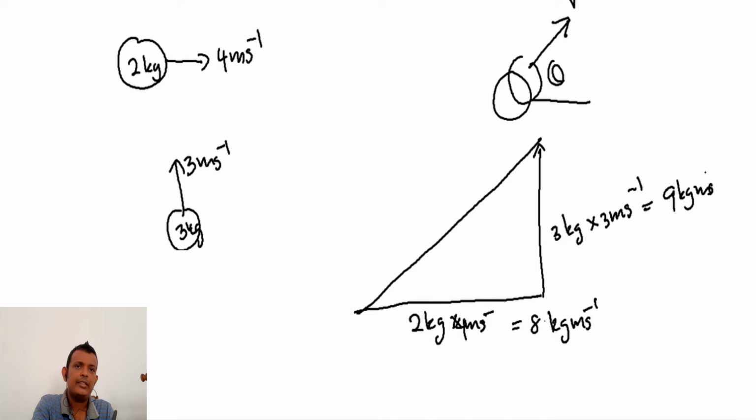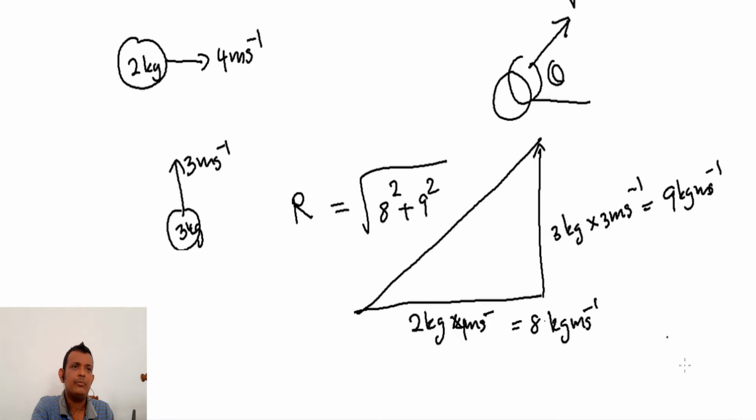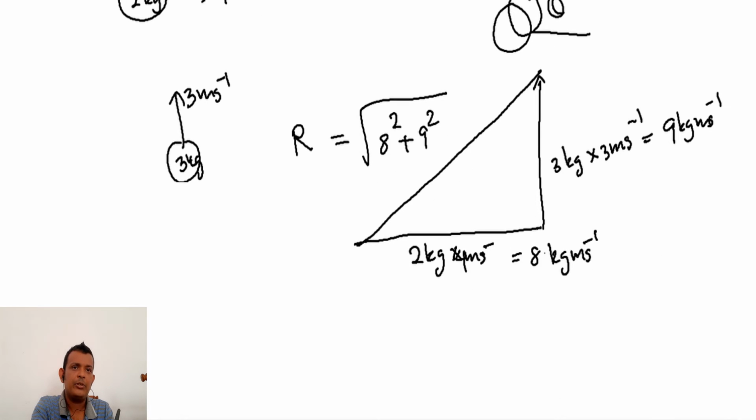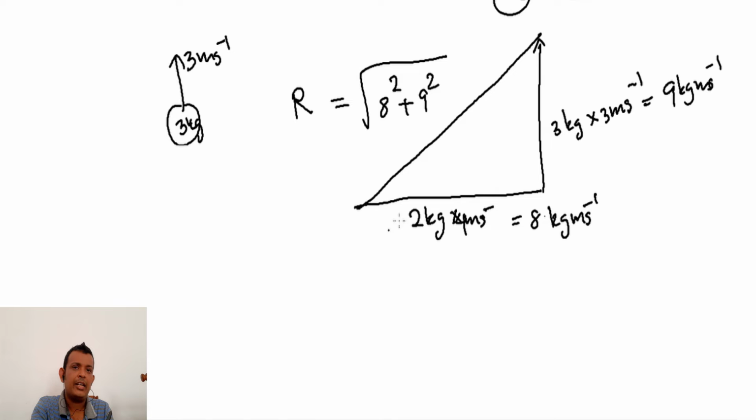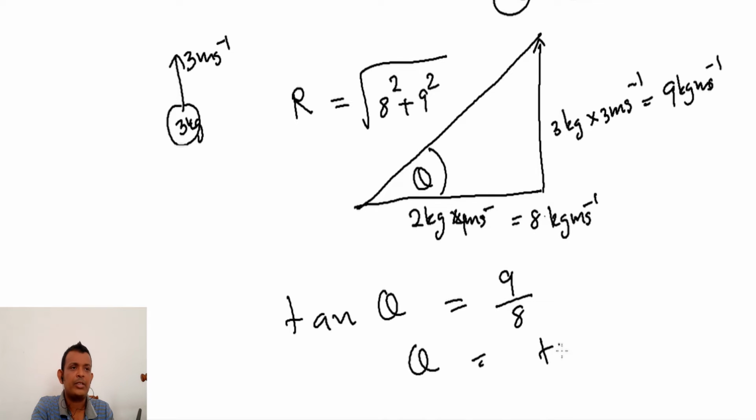That is 8 squared plus 9 squared, and the square root of it. That will be the resultant momentum. Then if I want to find the angle theta, how do I do it? Tan theta equals 9 over 8, simple, right? So you can find theta equals tan inverse of 9 over 8. You can calculate this using your calculator.